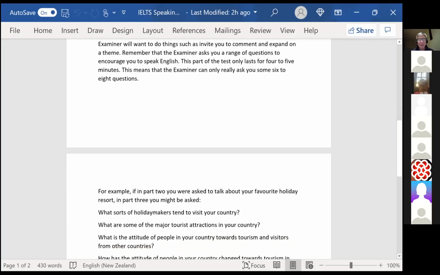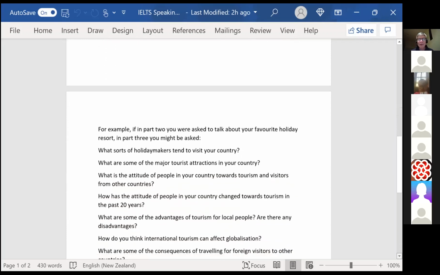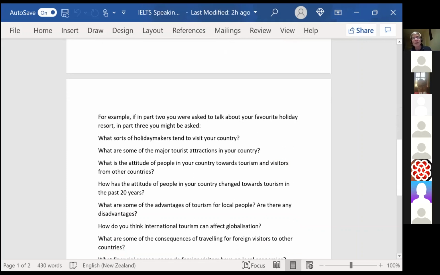For example, I've written an example here for you. If in part 2, you are asked to talk about your favorite holiday resort or place you like to go for a holiday, in part 3, which is usually connected to what you did in part 2, the examiner might ask you more questions about holidays in general.